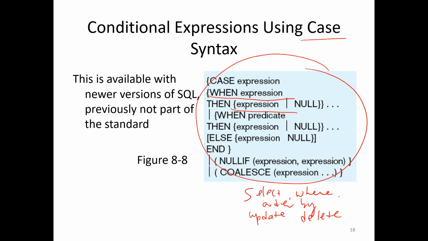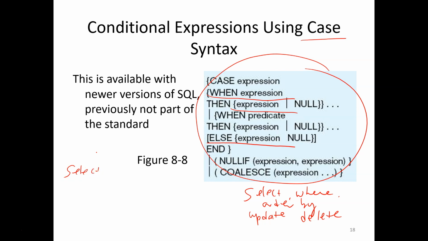The case statement ends with an else statement, which shows what would happen if none of the previously stated conditions are met. Right, so for example, let's say I have a case statement that looks like this.